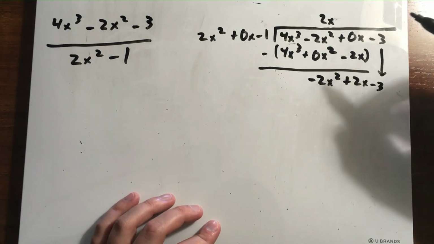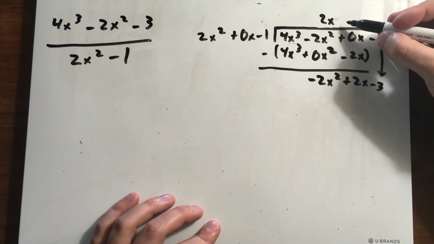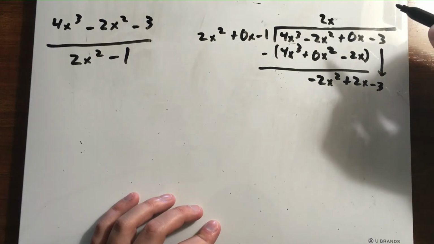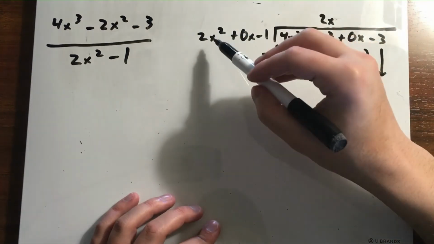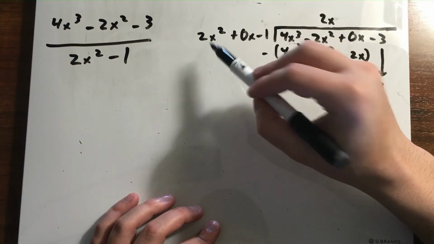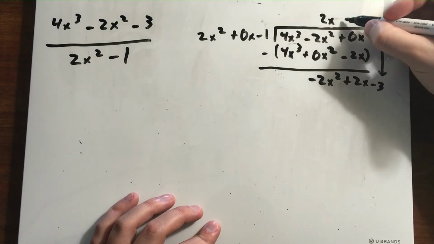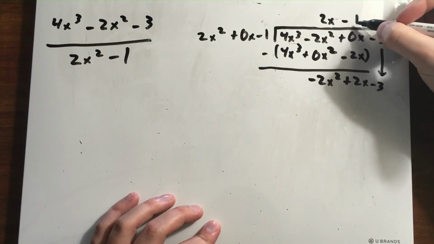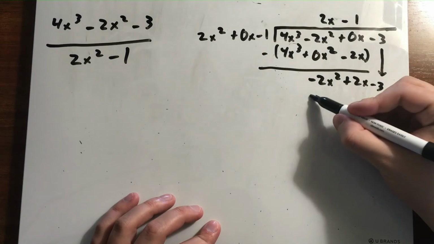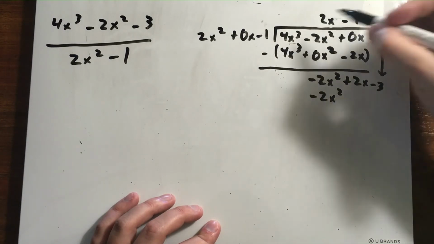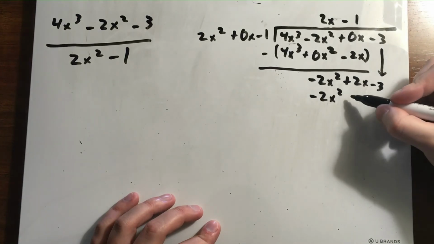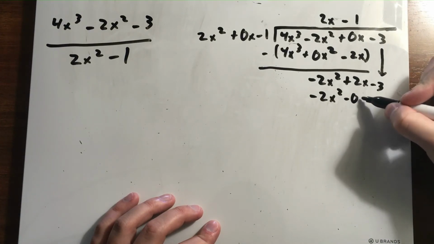So, now, what can we put up here that will give us negative 2x squared when multiplied by 2x squared? Well, we just put negative 1. Negative 1 times 2x squared gives us negative 2x squared. Negative 1 times 0x is 0x, or negative 0x.